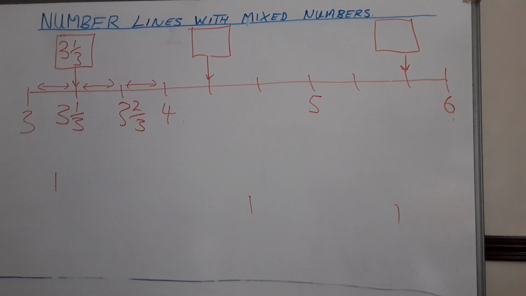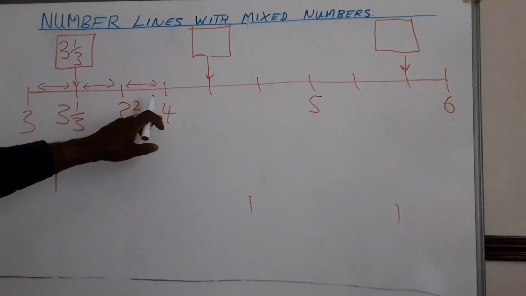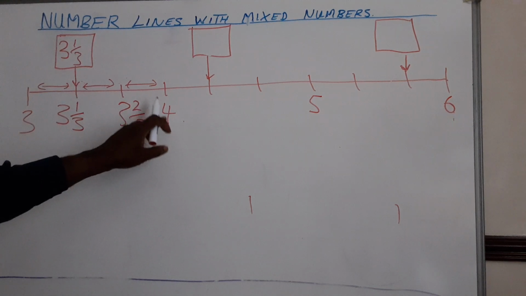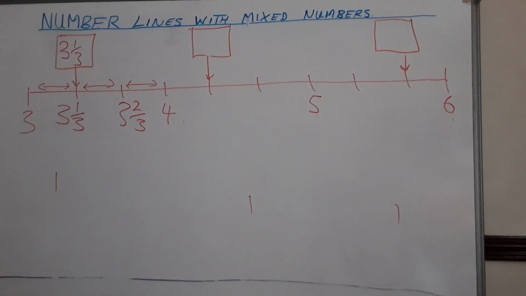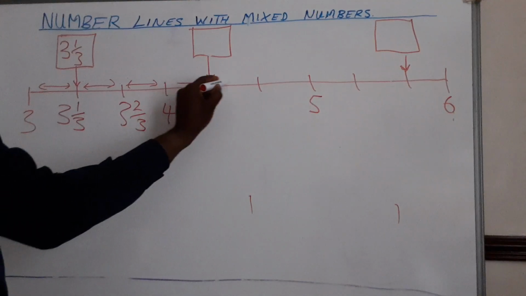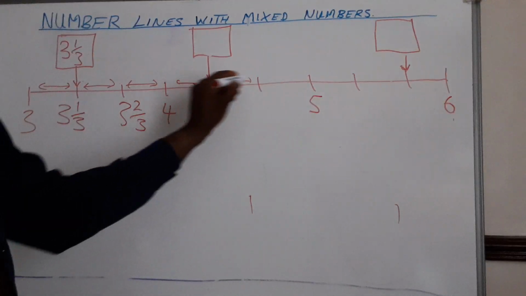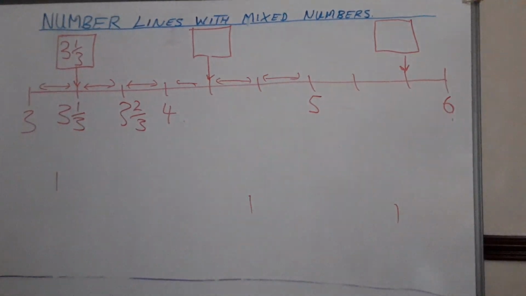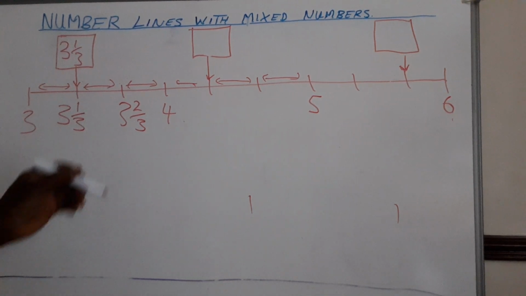Well, I think your guess is as right as mine. Well, the difference between 4 and 5 is 1. Now we have to count the intervals. So the intervals is 1, 2, 3. So the intervals are 3. So we can complete the number line.